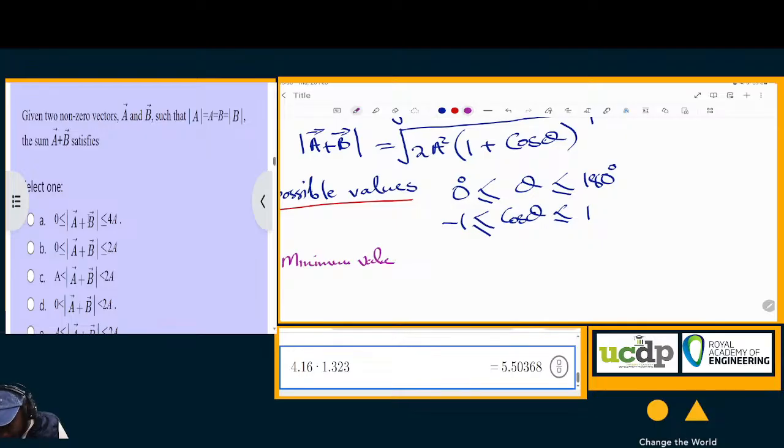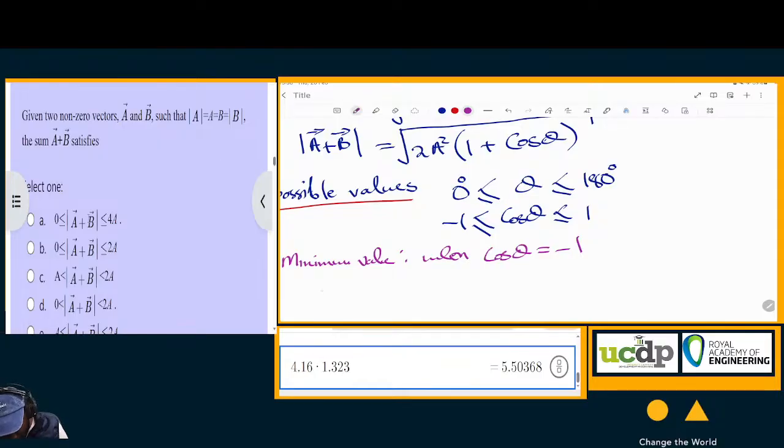So when do we have a minimum value? When cos theta is equal to -1. So we go back to our equation.